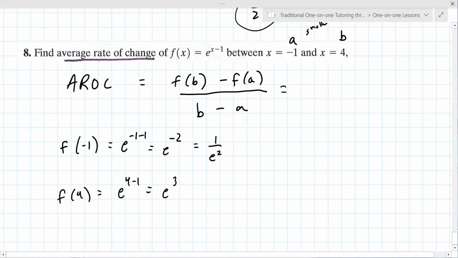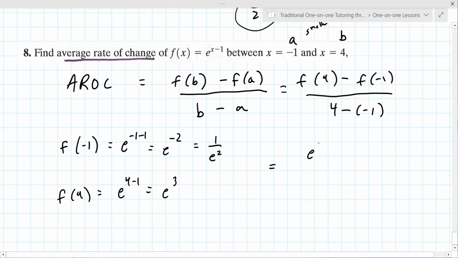So it's f of 4 minus f of -1 over 4 minus -1. F of 4 is e cubed, minus f of -1 is 1 over e squared, all over 5.